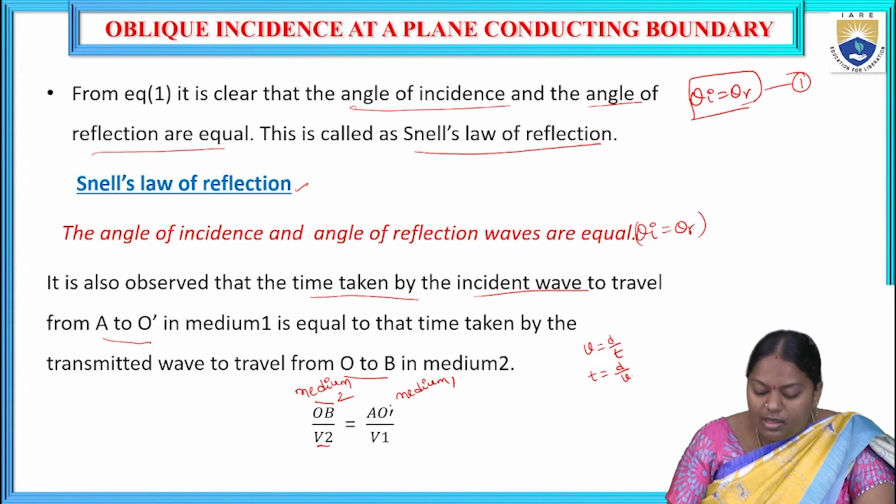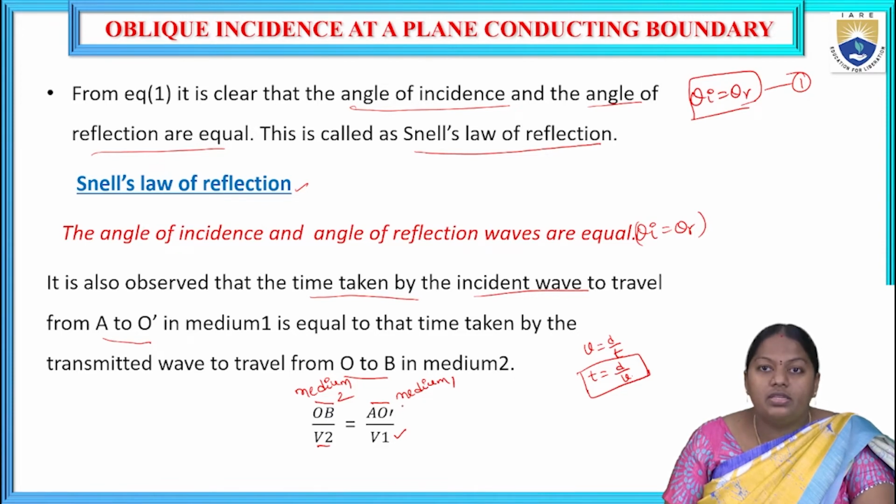The time taken by the incident wave in medium 1, that is A to O dash, with velocity V1. So O to B by V2 in medium 2, and in medium 1 the distance is A to O dash and the velocity is V1.